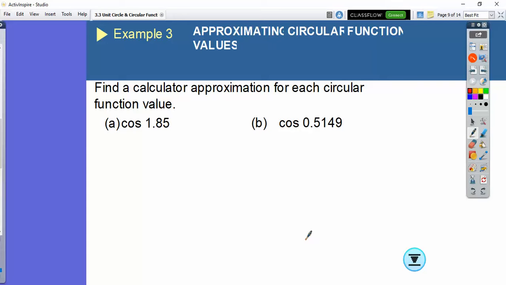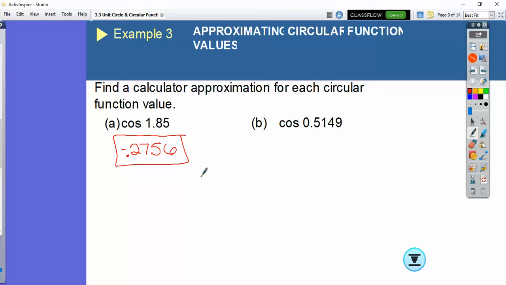No. And if I don't have a degree symbol, then we assume it is radians. So you're going to go to your calculator, make sure you are in radian mode this time, and then we just type in cosine 1.85. I get a negative 0.2756.